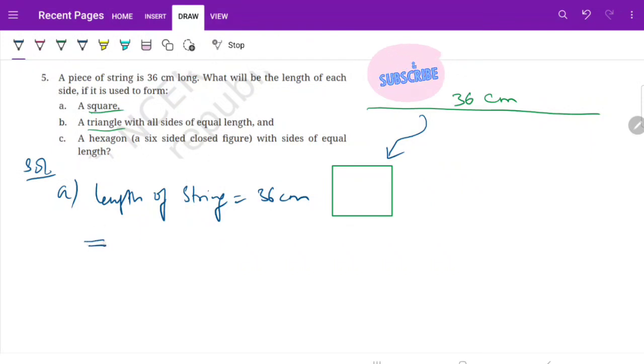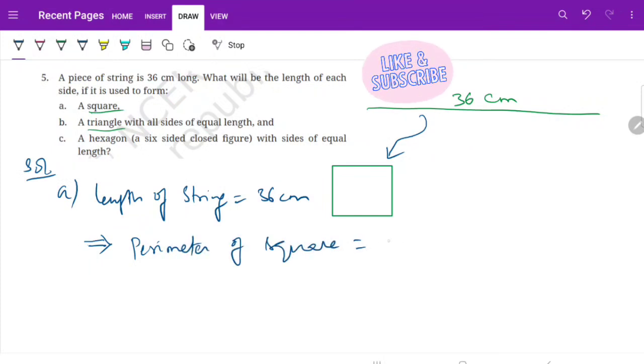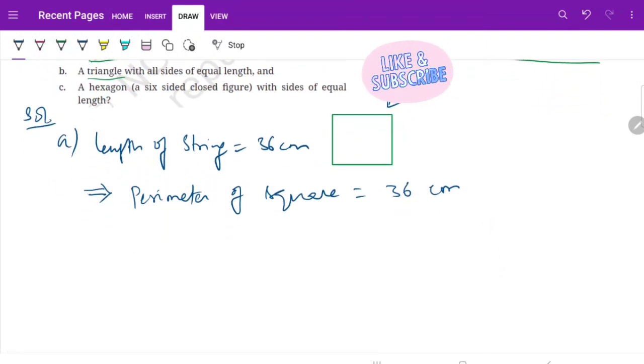This implies perimeter of square is also 36 centimeter, because the square is prepared with this string. If we know the sum of four sides of a square is 36 centimeter, then how do we get the side of the square? Very easy, we have already done this one.